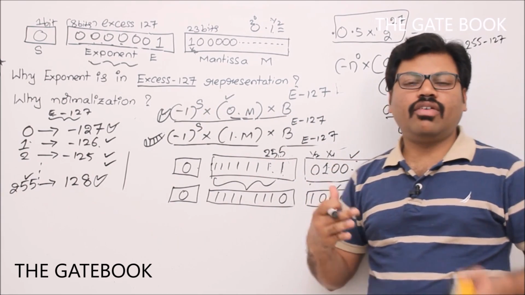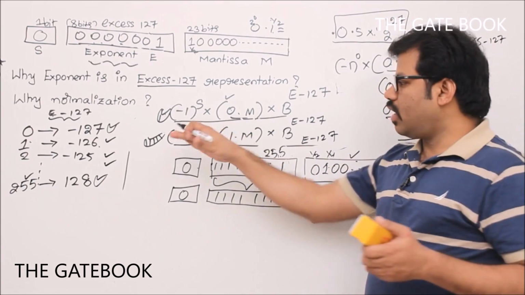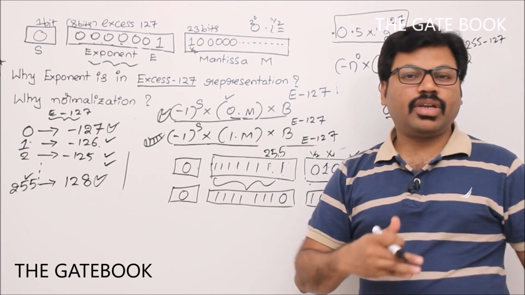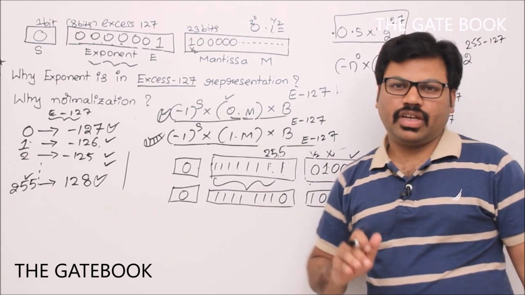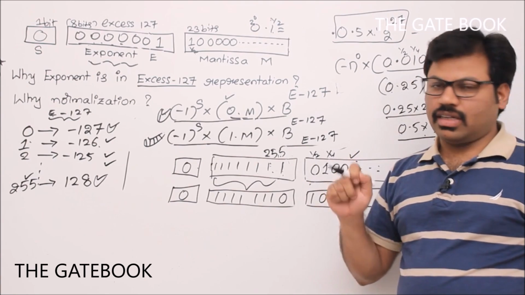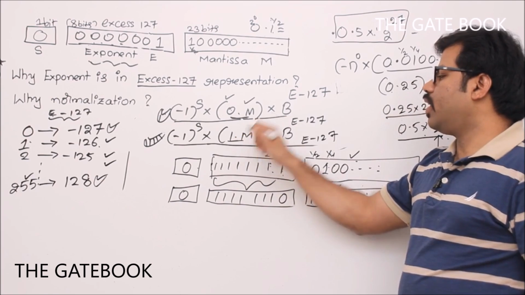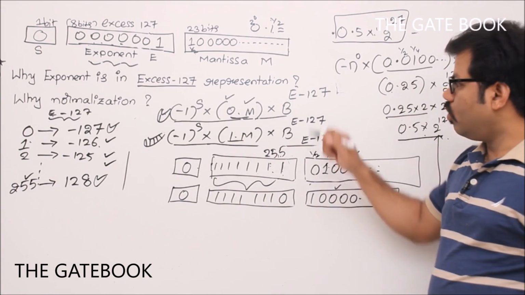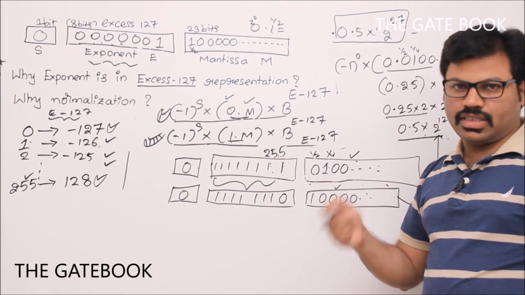So when your representation capability increases, that means with the same set of patterns you can represent more numbers, then definitely it would be better. That's why we have to normalize the mantissa. That's why we don't use 0.m format. We use 1.m rather than 0.m. So 1.m is going to avoid that problem. I will tell you the reason for that, okay?